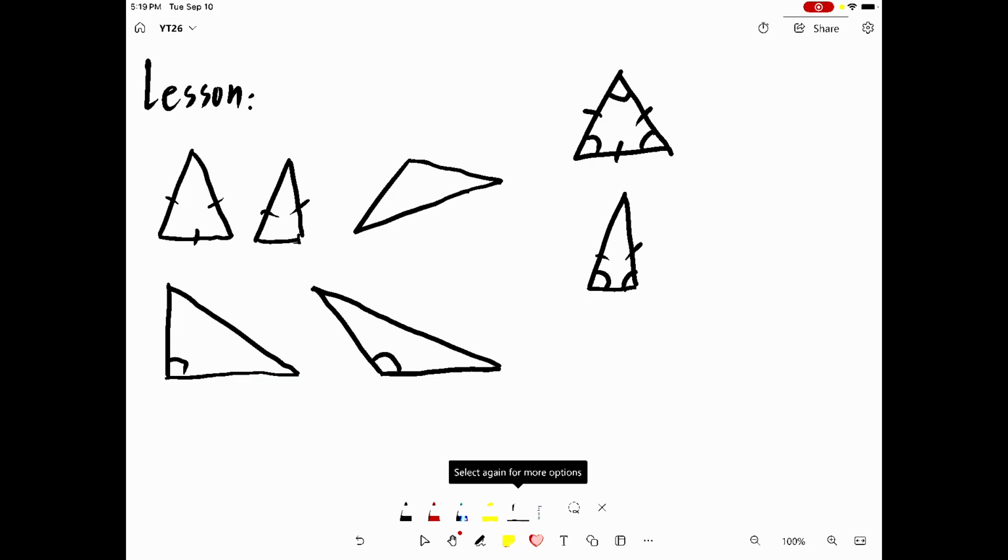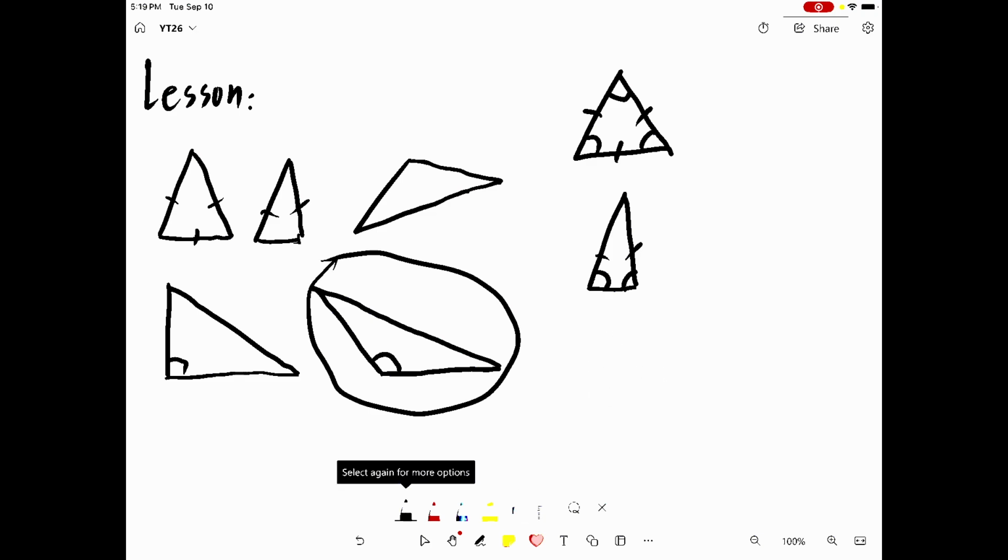Our 5th and final type of triangle, or maybe 5th out of 6, I'll explain right after this, is our obtuse triangle. This is where you have 1 obtuse angle, which is 1 angle between 90 and 180 degrees, which is the bottom right triangle, which I'm circling over here. That is an obtuse triangle.